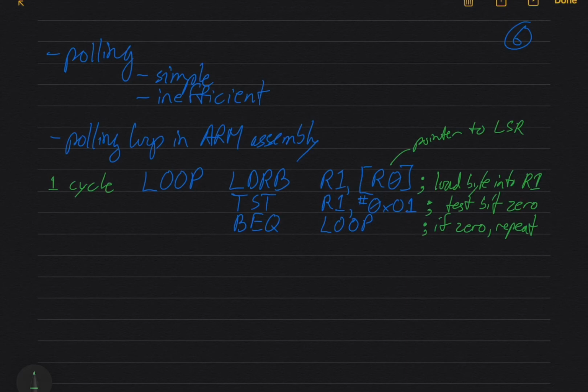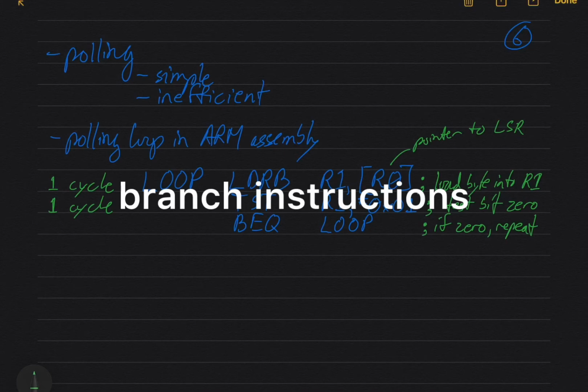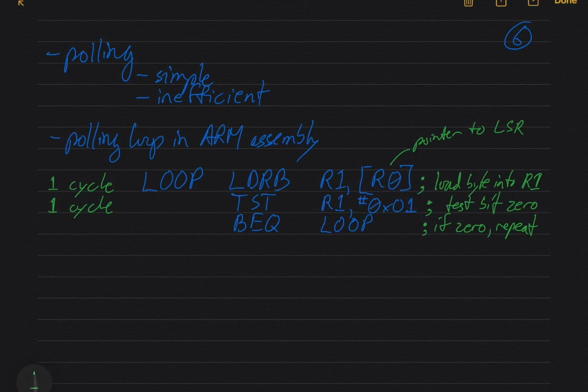So on average, you finish 1 instruction every cycle. So first statement, second statement. The exception to that are branch instructions. They add a little bit of overhead to the processing, and so on average branch instructions take 2 cycles, for a total of 4 cycles.